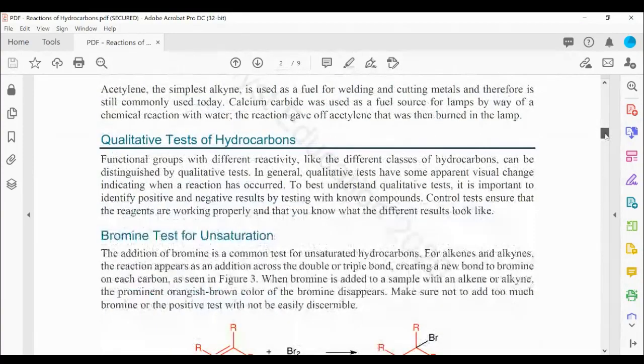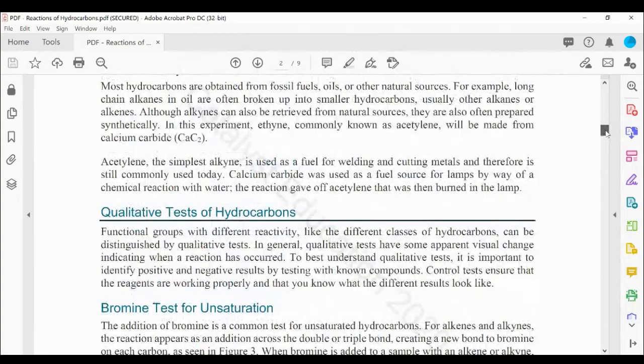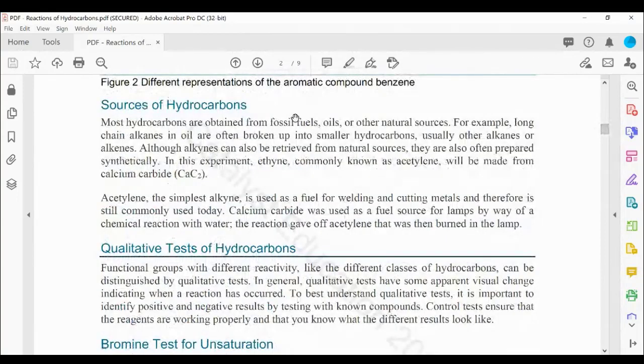And then here it is talking about sources of hydrocarbons. In this part, all they are saying is that even though the hydrocarbons are obtained from oils or fossil fuels or natural sources in general, they can be prepared in the lab.